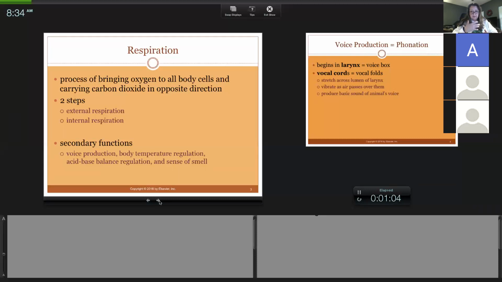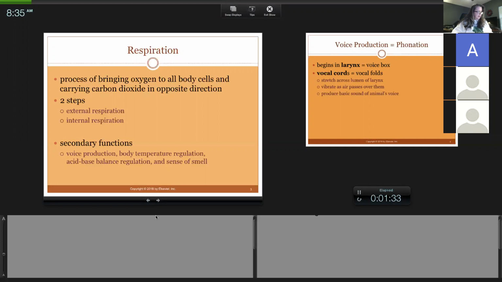If you're in a state of acidosis, if you have too much acidic content to your blood, then that's going to interfere with normal cellular function, and could lead to cellular death. There are a lot of body systems that help maintain acid-base, and the respiratory system is one of those systems. And then obviously sense of smell.